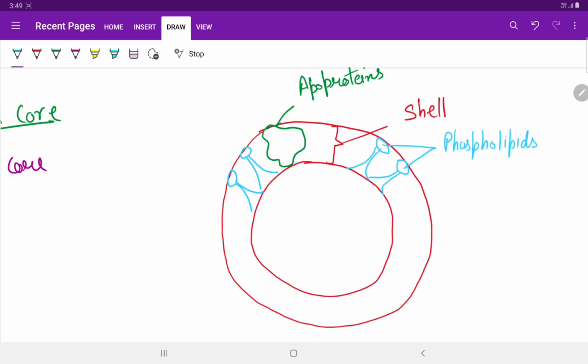Now, along with the phospholipids, there are cholesterol molecules that are embedded into the outer shell.